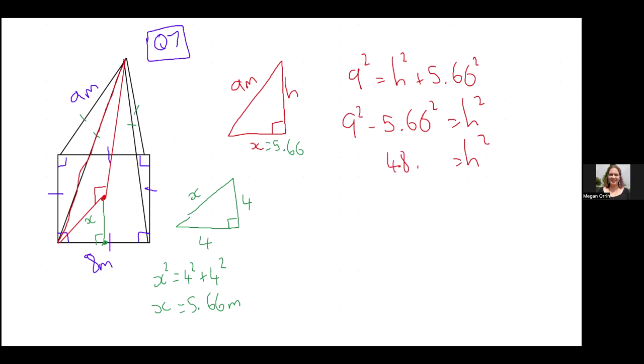Now remember, that's not my answer. I have to take the square root first because I've still got my squared over here. So the square root of that is 7. So this is how you solve question 7. That is the perpendicular height of the shape. Although that's just part A, isn't it?